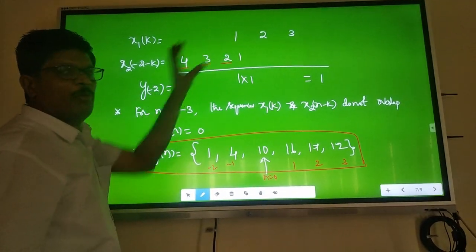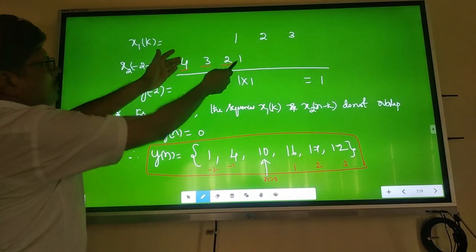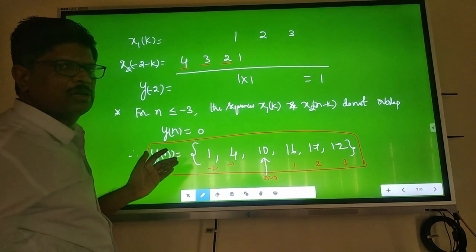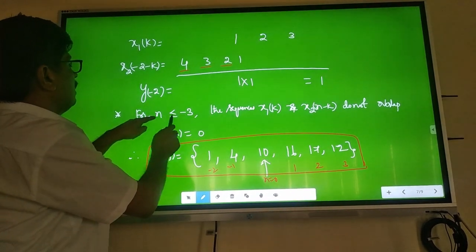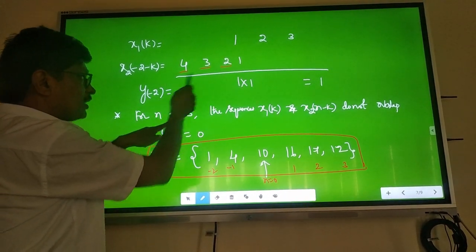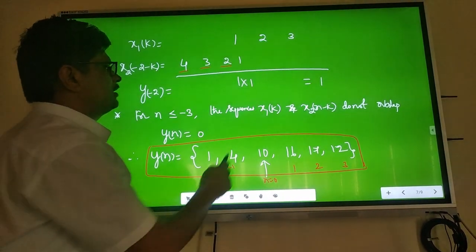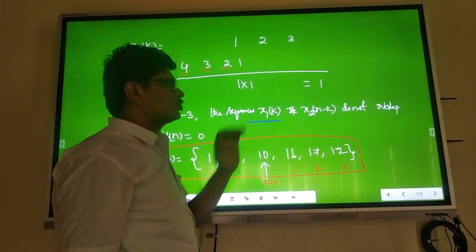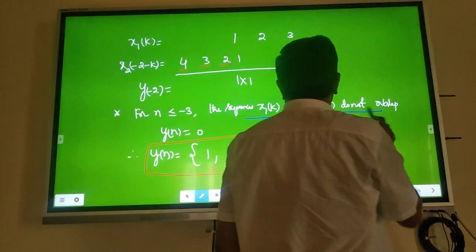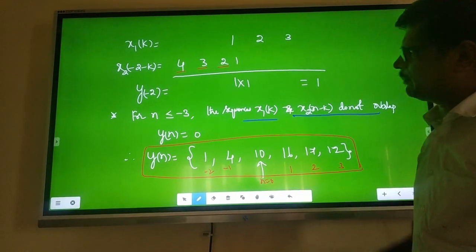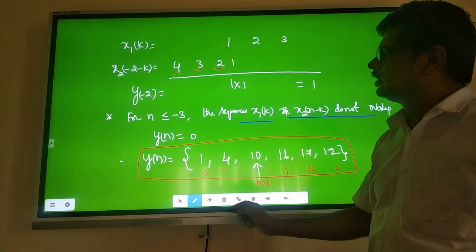Then 1 into 1 you will get. Stop now. Afterwards, if you shift to this side, no overlapping terms will appear. Therefore, for n less than or equal to minus 3, the sequences x1[k] and x2[n minus k] do not overlap. Stop at this stage. Then y[n] is equal to 0.